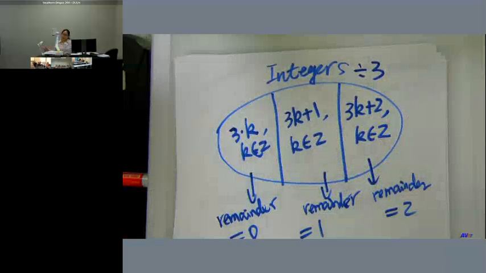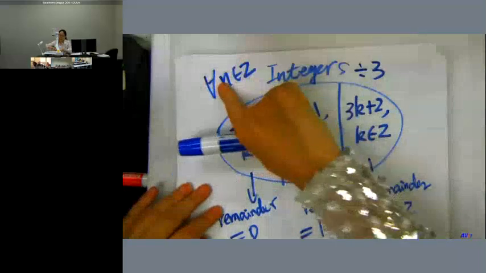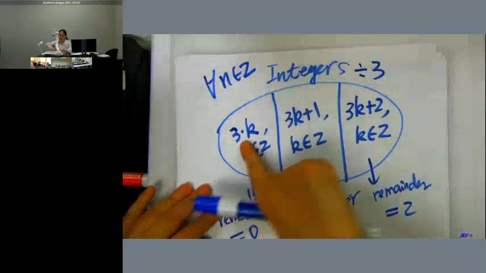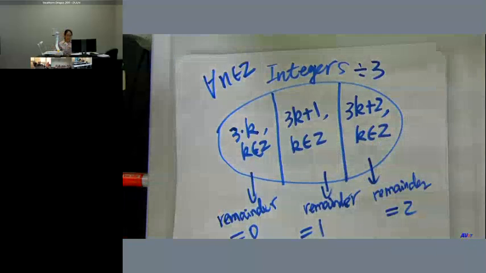Okay, so that's everything. We are not missing any integer. For any integer n, it's either 3k, or 3k plus 1, or 3k plus 2. All right, does anybody have a question about this? If not, we can use this to do the second example.